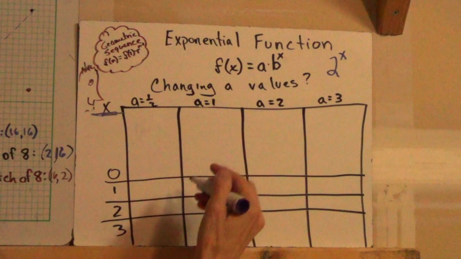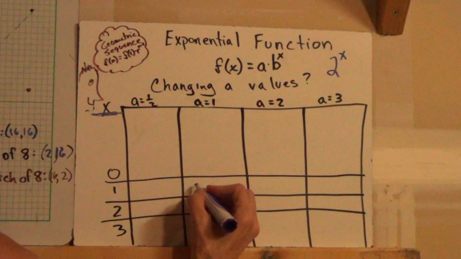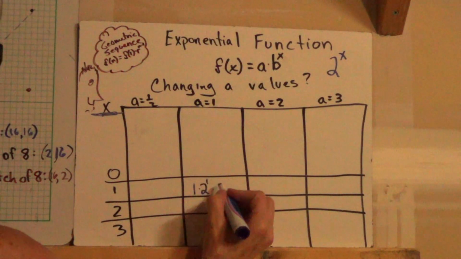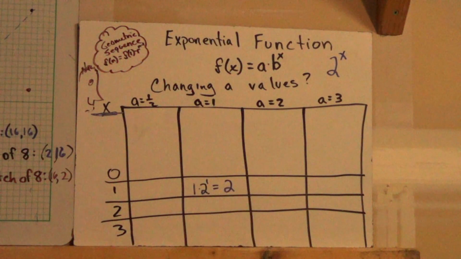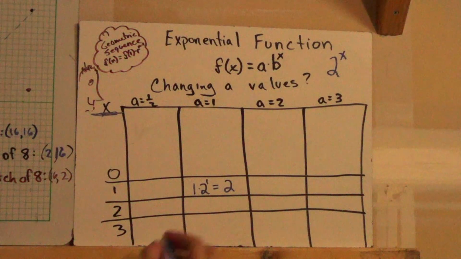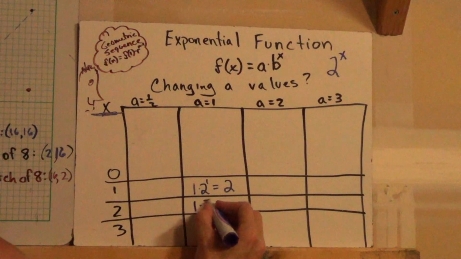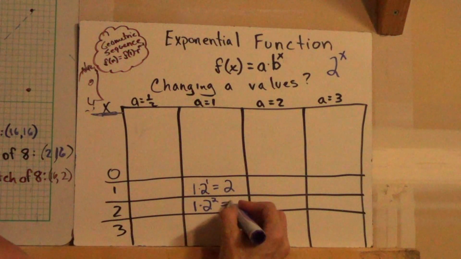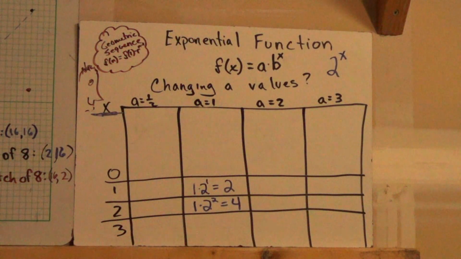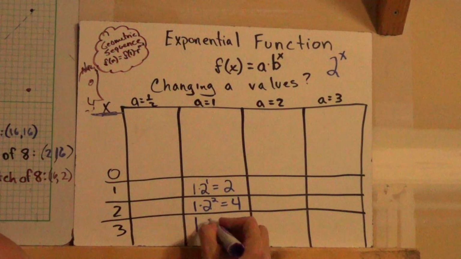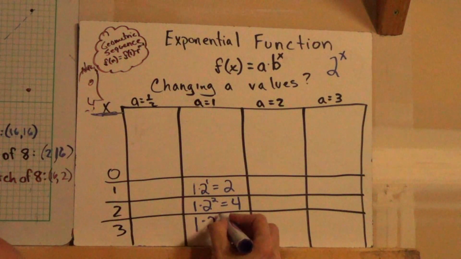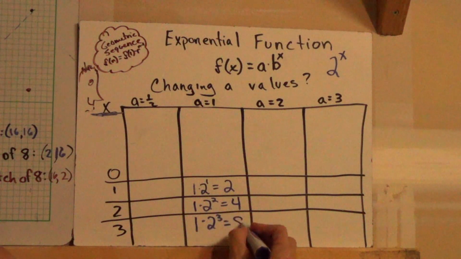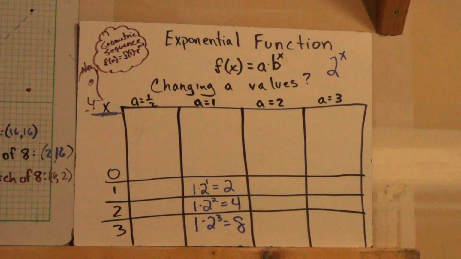Now if a is 1, then 1 times 2 would be 2. If a is 1 and 2 is raised to the second, that would be 4. 4 times 1 would be 4. If a is 1 and x becomes 3, 2 to the third would be 8. And I hope you see we're growing just like your sequence did.